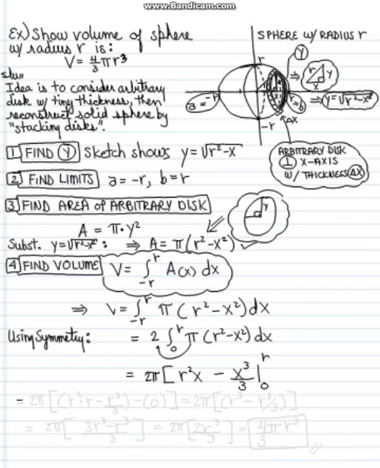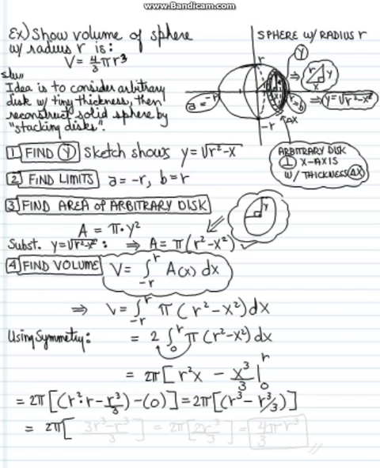We get 2 pi on the outside, and then the antiderivative, r squared x minus x cubed over 3, evaluated from 0 to r. So do the evaluation at r minus the evaluation at 0. We get 2 pi times r cubed minus r cubed over 3. Okay, get a common denominator inside the bracket.